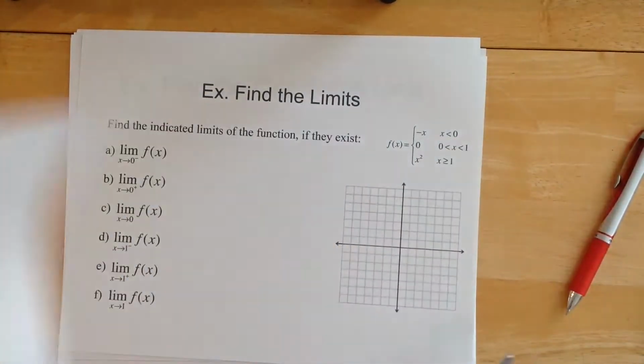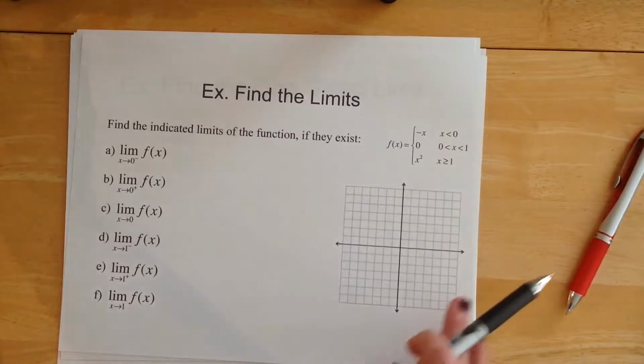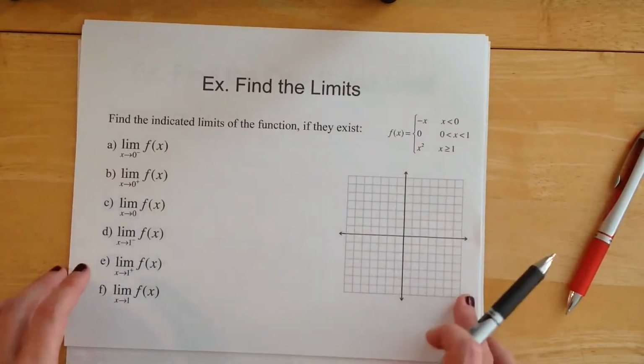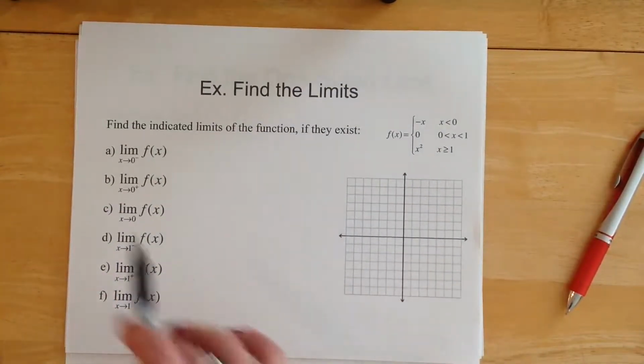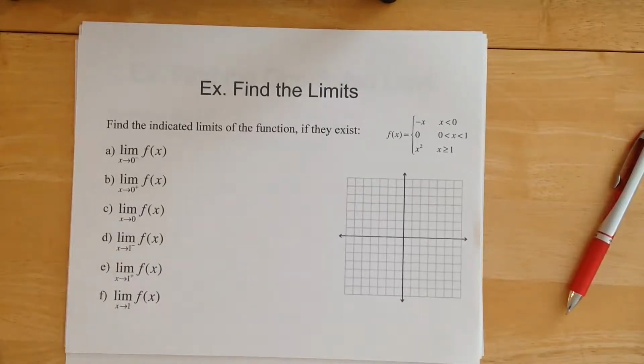Okay, so let's look at this piecewise function, and then we're going to take all of these limits. Notice we have some two-sided limits in there and some one-sided limits.